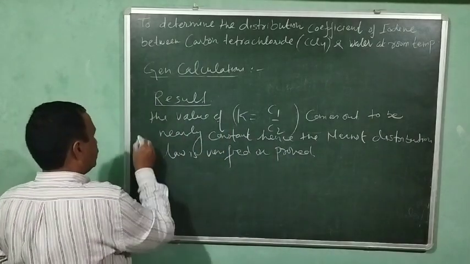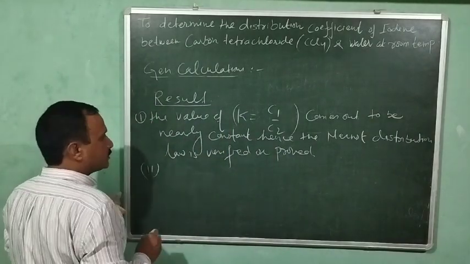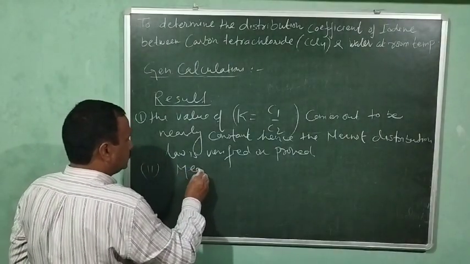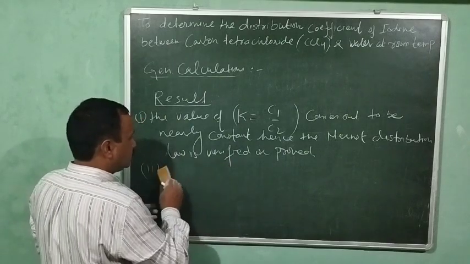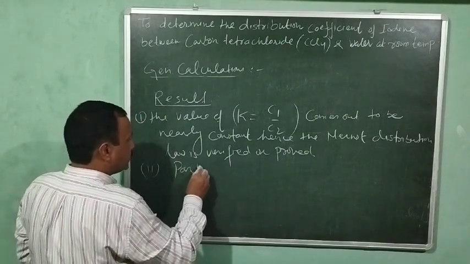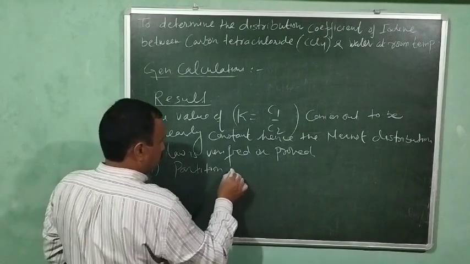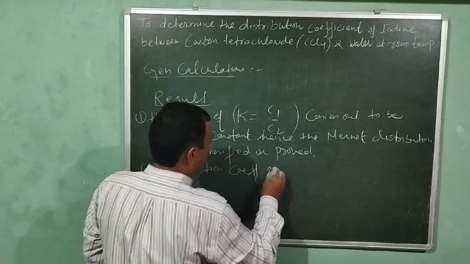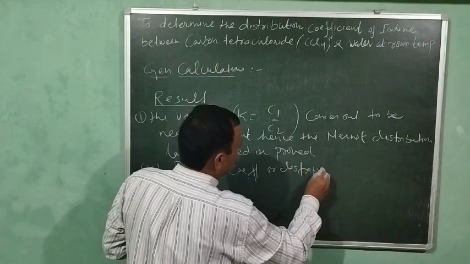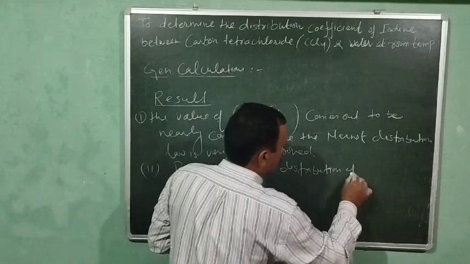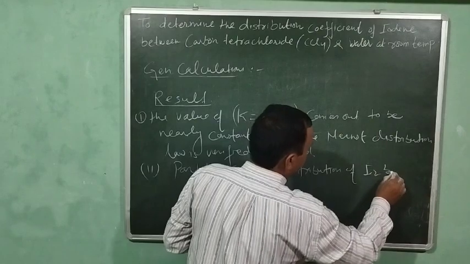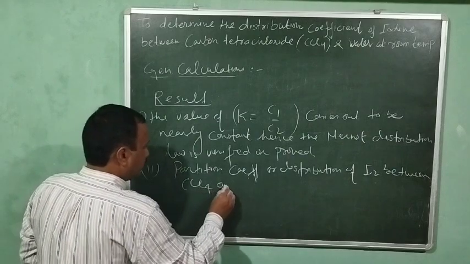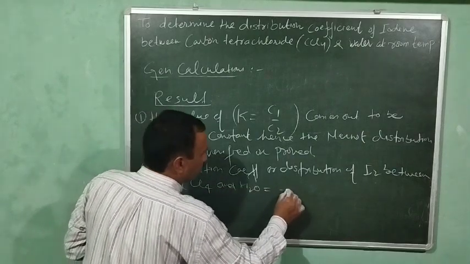Okay, and in the second step we will write the value of the partition coefficient. So the mean value, or we will simply write the partition coefficient or distribution coefficient of iodine between CCl4 and water is equal to this much.